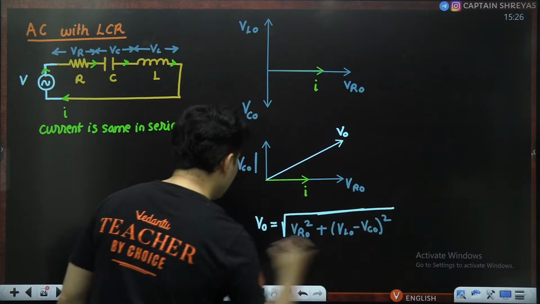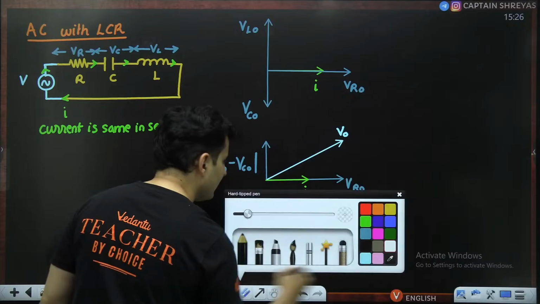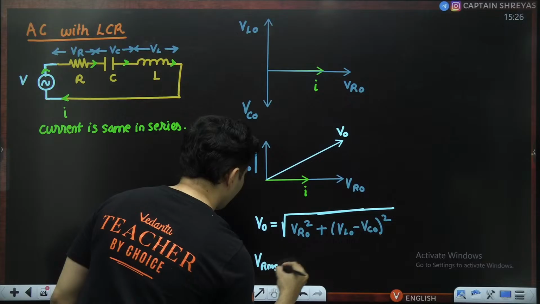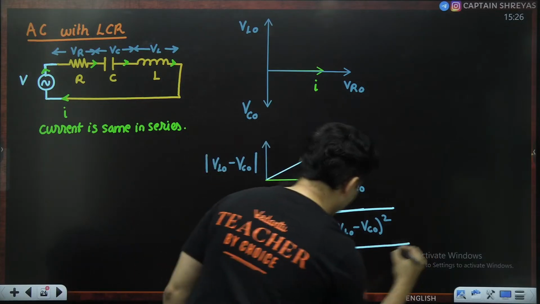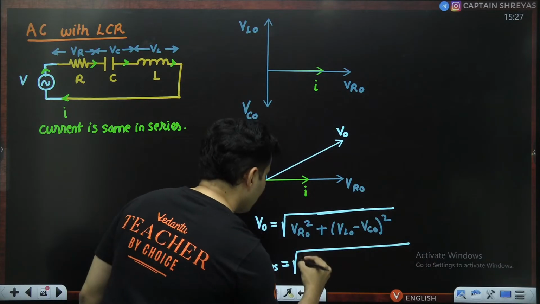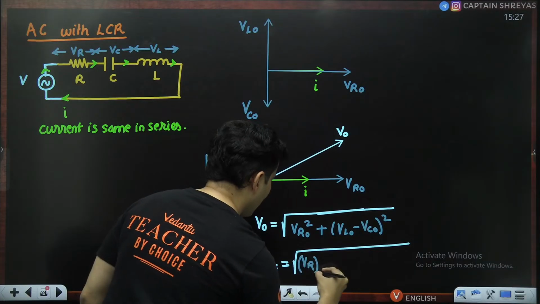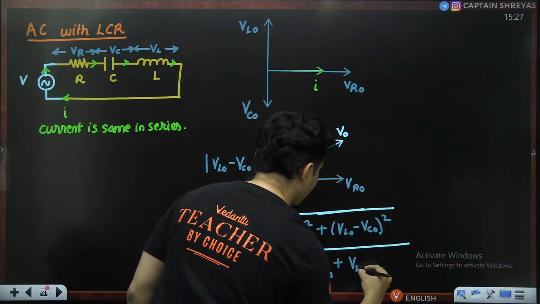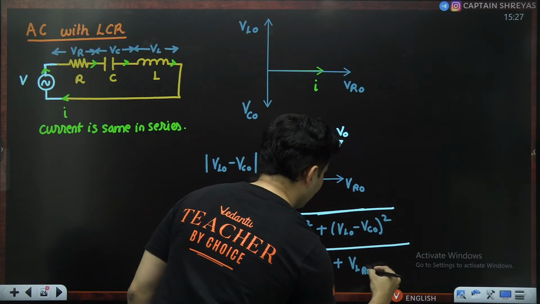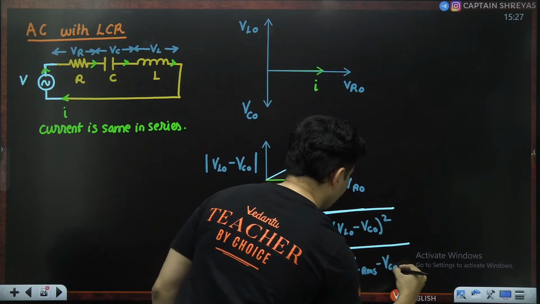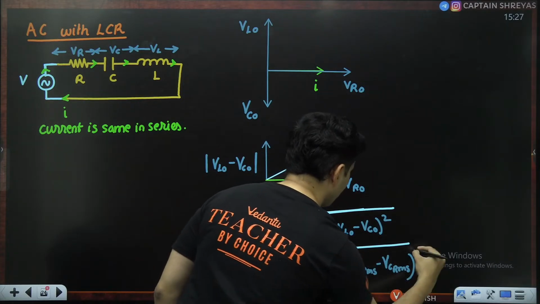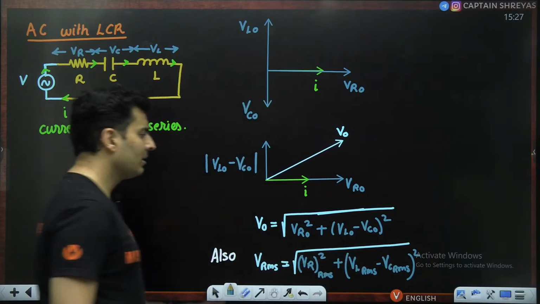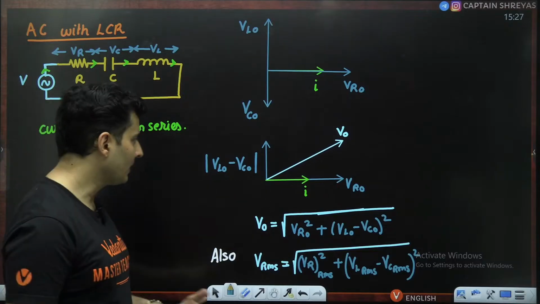Also, one can easily say that the net RMS voltage across the entire circuit will be the RMS voltage across the resistor squared plus the RMS voltage across the inductor minus the RMS voltage across the capacitor, and then square it. If you use RMS here, use RMS. If you use maximum, use maximum. That's how it goes. It's one and the same thing.